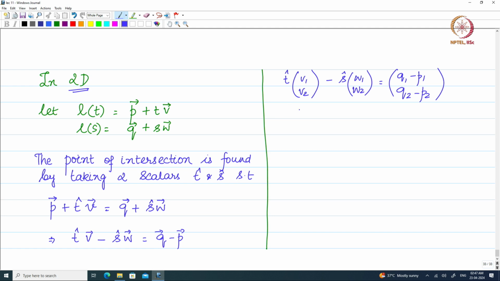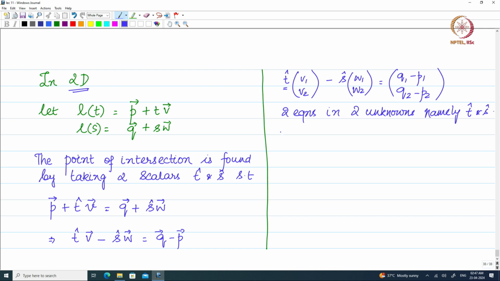So, these are basically 2 equations in 2 unknowns, namely t hat and s hat.